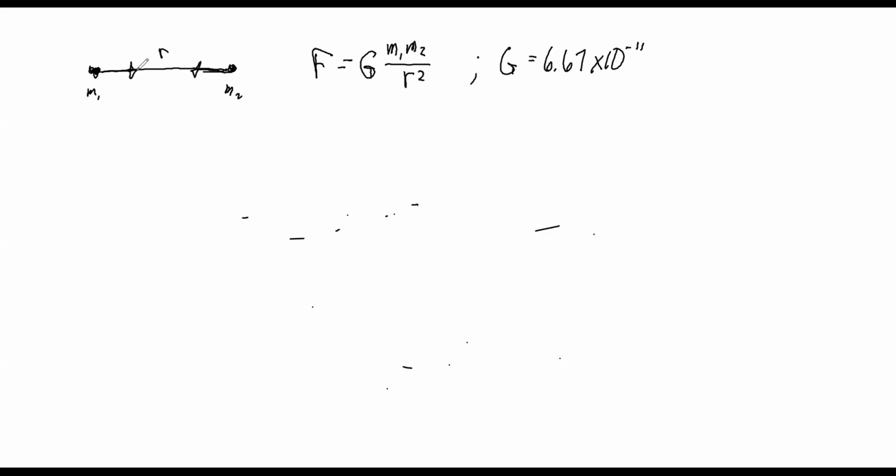There's another important aspect to gravitational force, that it's conservative. The work that it does does not depend on the path taken, and so there's a potential energy associated with it, and that is this right here.